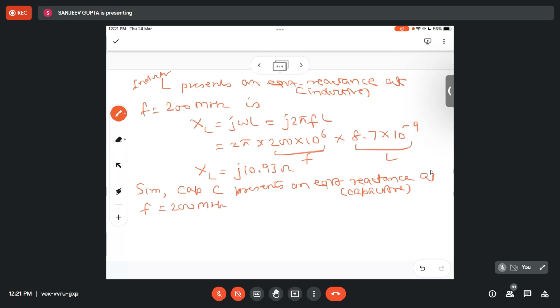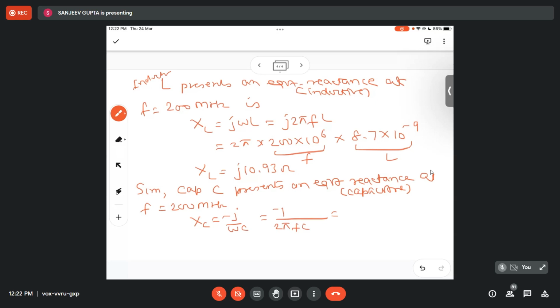Suppose you have to use this resistor at some other frequency, let's say 400 megahertz, you have to rework all those things. Somebody who has to use it at 100 megahertz has to rework all these values again. So XC is equal to -j by omega C, or 1 by 2 pi fC.